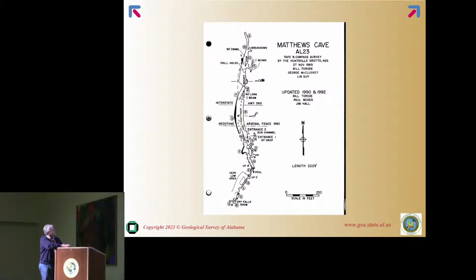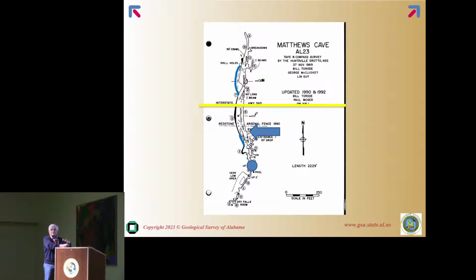This cave is developed on a north-south fracture, and there's a cave entrance. A stream is flowing through the cave from north to south. Here is our device installed at about 100 meters into the cave. An interesting fact about this cave: the yellow line shows Interstate 565.